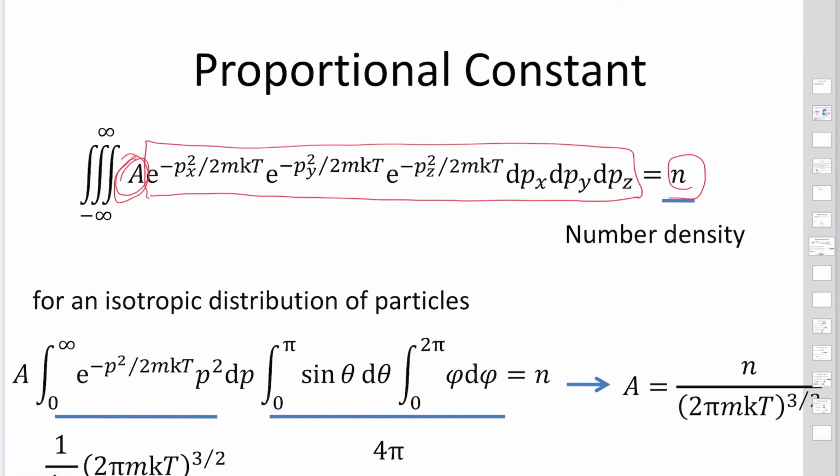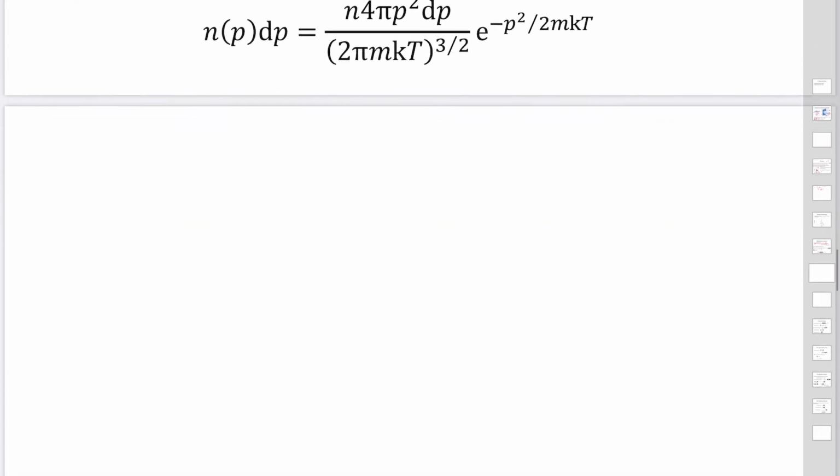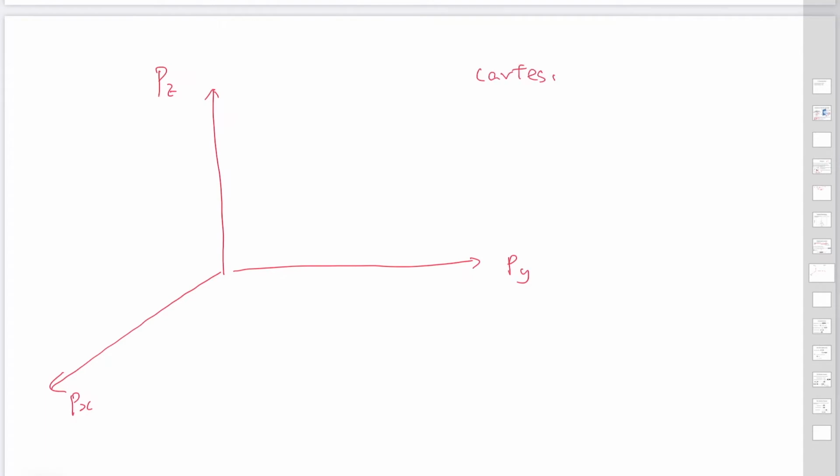But in this case, p_x, p_y, p_z are Cartesian coordinates. We'd like to change the coordinates from the Cartesian to the spherical coordinate.